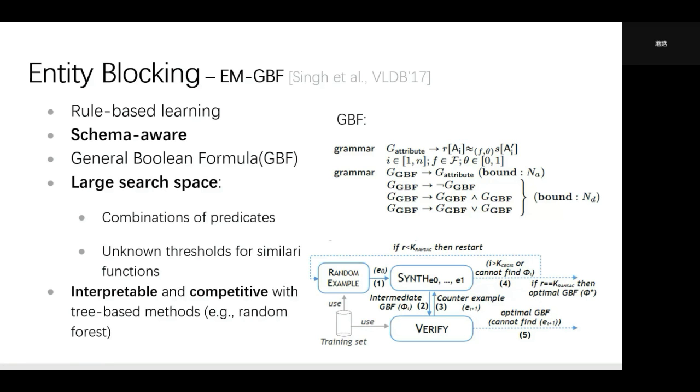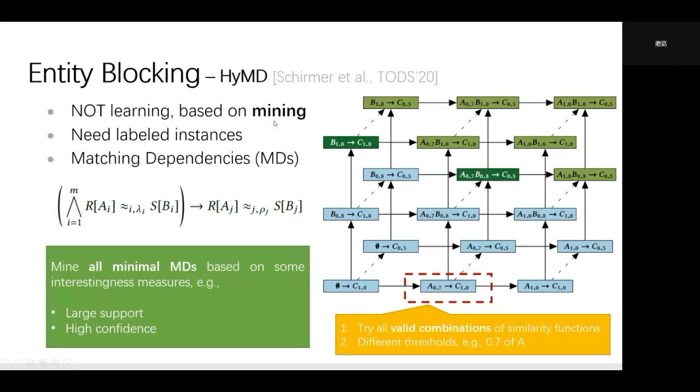HybridMD is also an anti-blocking method, but it is based on mining instead of learning. The rules are matching dependency rules. The objective is to mine all minimal MDs based on some interestingness measures, such as large support or high confidence.